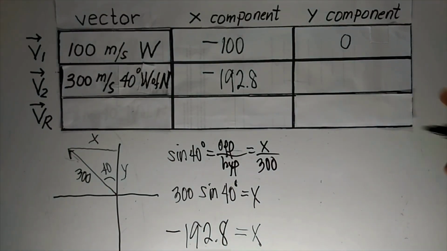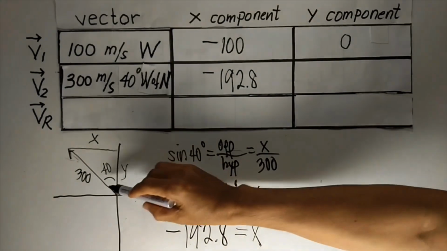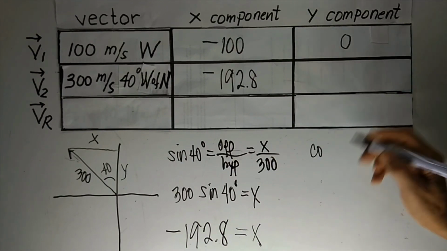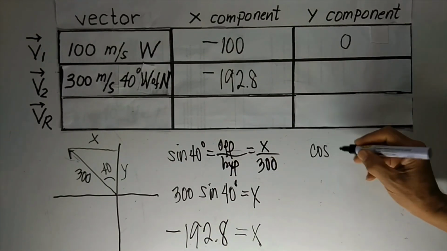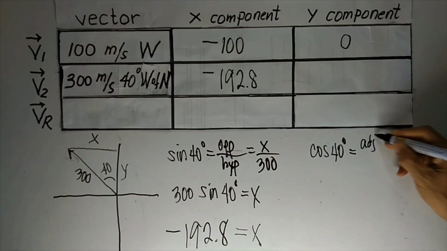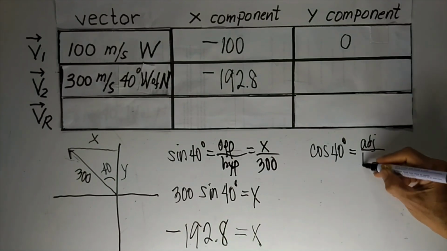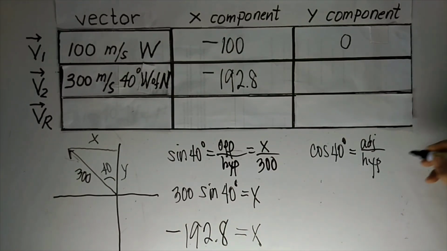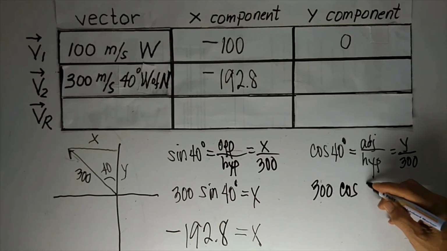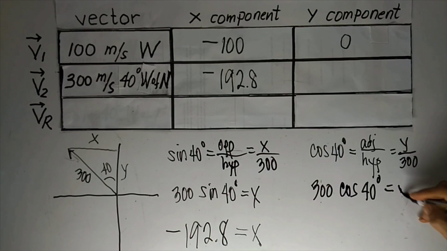Let's proceed to the y component. So the y is adjacent to the angle and we have the hypotenuse. So we will be using the cosine trigonometric function. So cosine 40 degrees is equal to the adjacent side over the hypotenuse, wherein adjacent is y divided by 300. Simplifying, this becomes 300 cosine 40 degrees is equal to y.